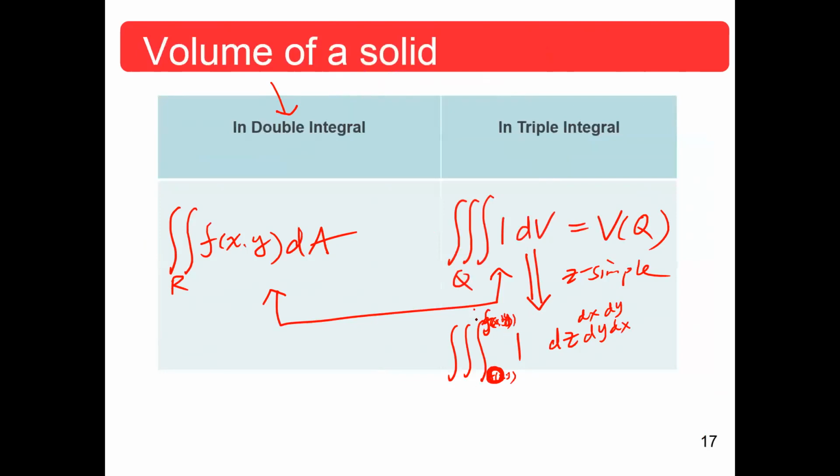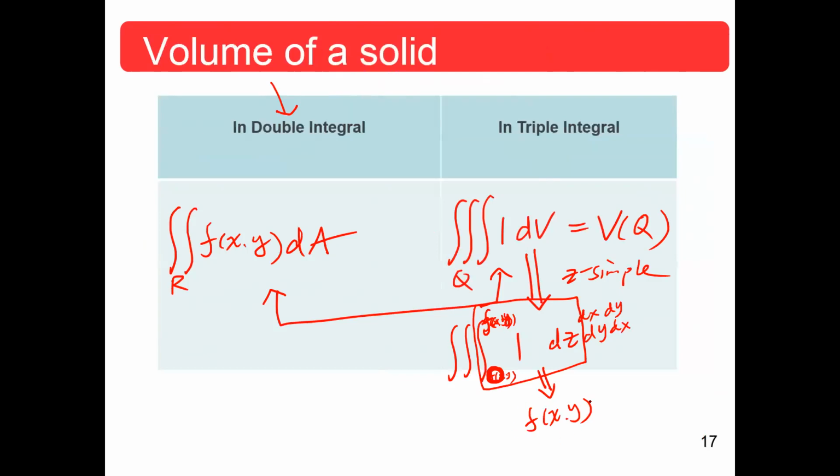So when we evaluate the innermost layer, don't we just have f of x y? When you work on this triple integral, if you start from the innermost layer, the antiderivative would just be z, right? And z starts from 0, ends at f of x y.